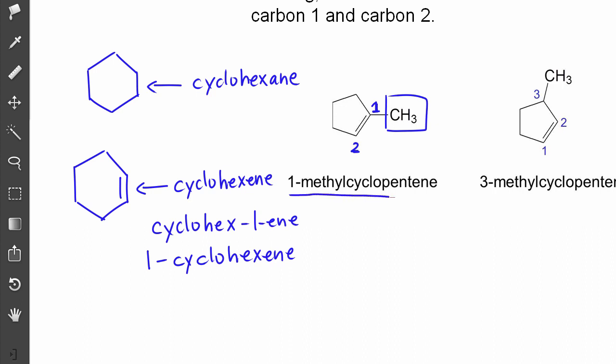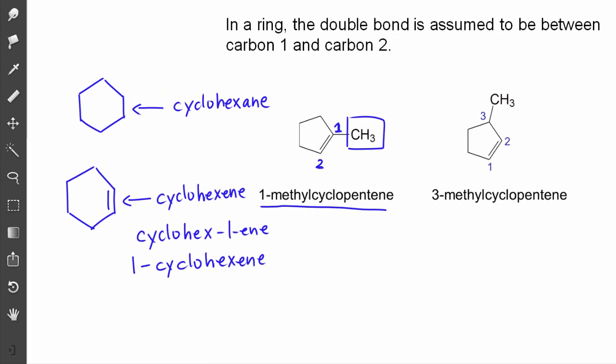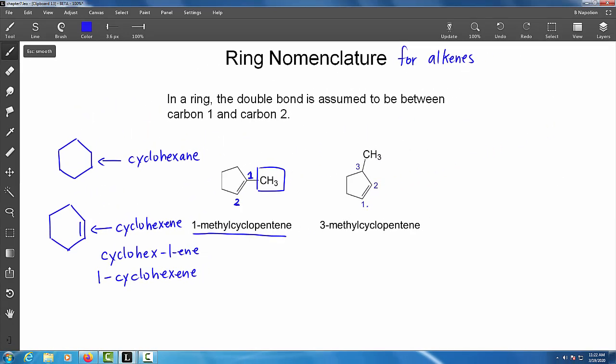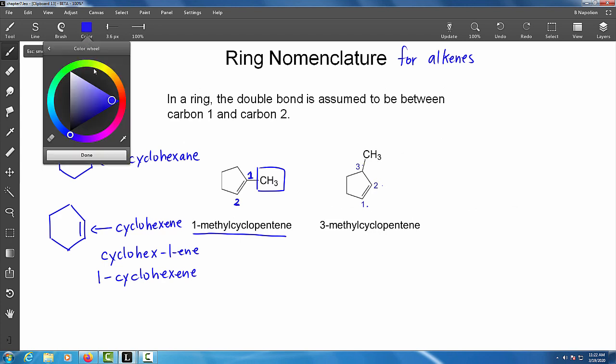Thus it's 1-methylcyclopentene. Here, if we go in this order, 1, 2, 3, that gives us our lowest number on the double bond.